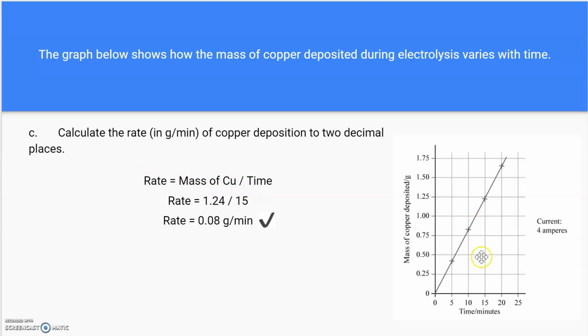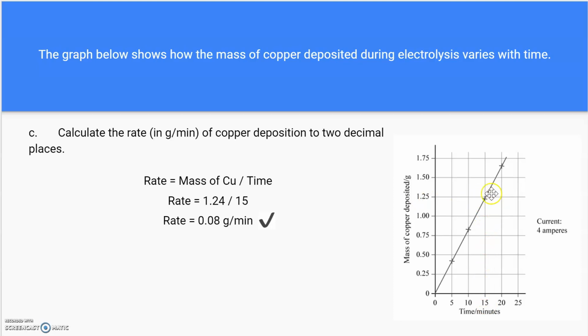So we need to look at the graph and select one of the 4 points that is given to us and divide the y by the x value of that coordinate. So I selected this point right here because it was the one that gave the most accurate and the most precise value for the x and y coordinates.